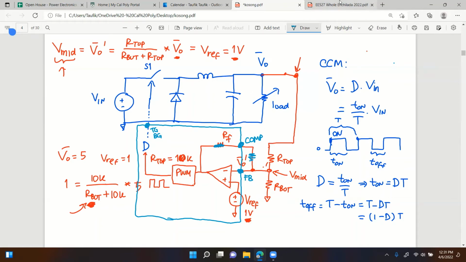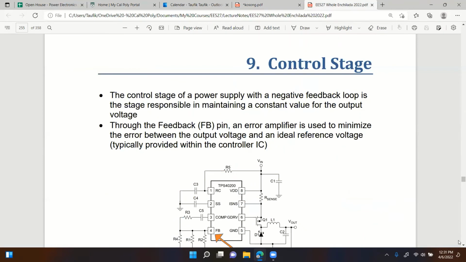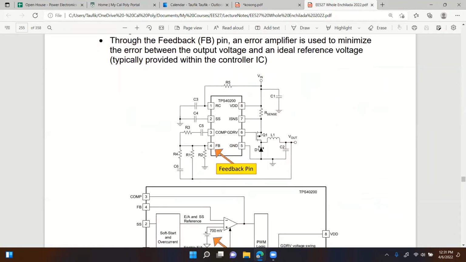And so if you look at the book right here on the first page, notice I have the buck converter, the same buck converter, right here. Then I just draw, you can see the output is being monitored. That's a sensor right there. The output is being monitored, and this is our controller, by the way.